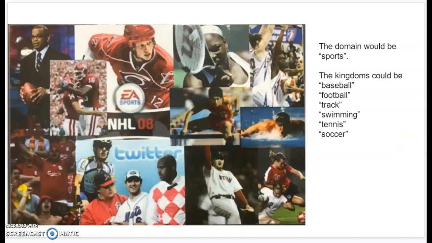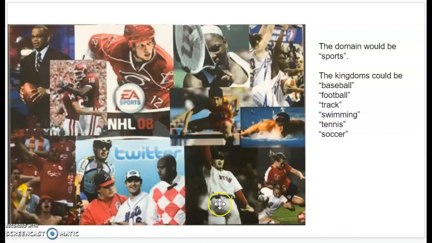Let's look at this one. Take a minute to look at this one. When I look at this picture, the domain would be sports. That's the big picture. All of these are sports. Now, when I look at it in detail, there are different kingdoms I could organize these into.